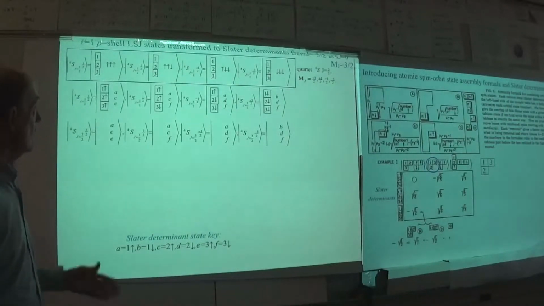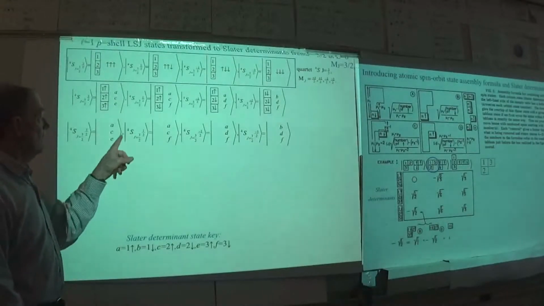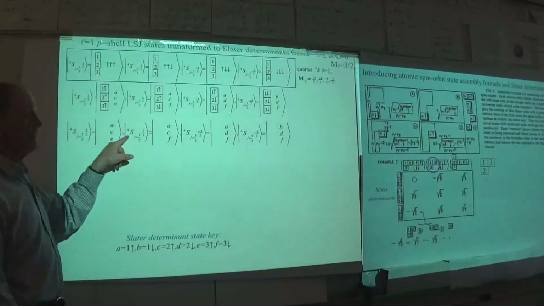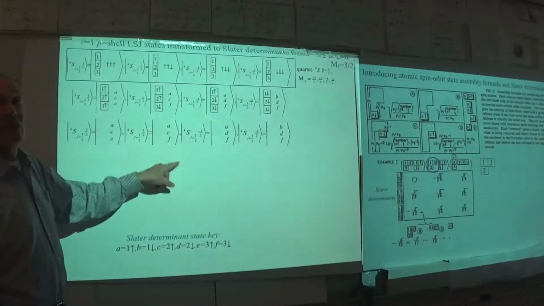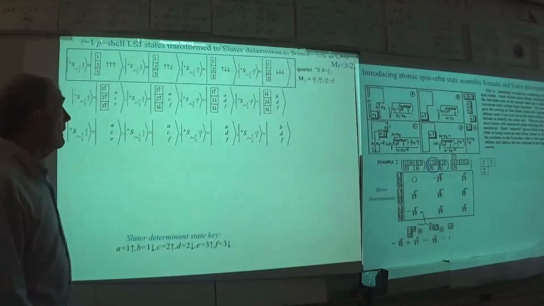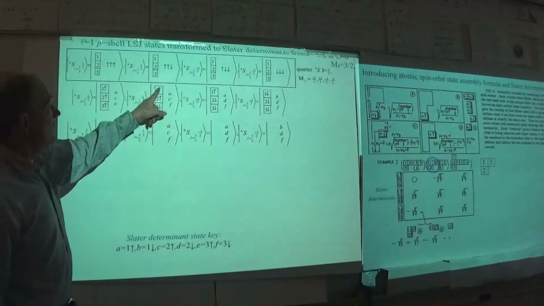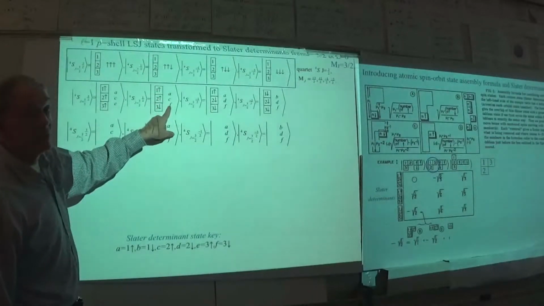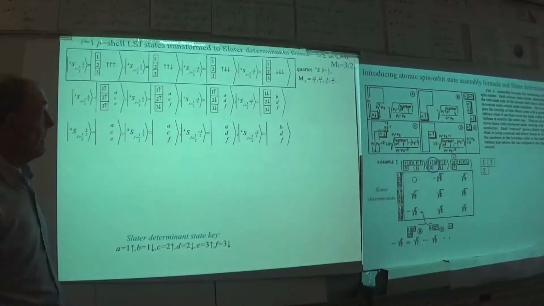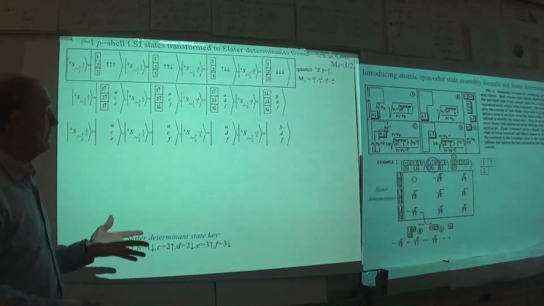Okay. So instead of putting all of this garbage in every ket, we just put that. Okay? But you have to be careful. You have to see that that really is A, that really is C, and that really is F. But once you've done that, then it's going to be easy.